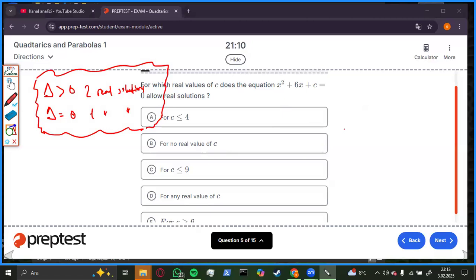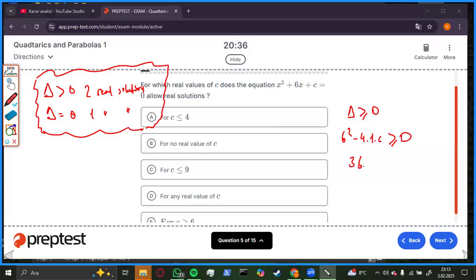By using this assumption, you can say that the discriminant is greater than or equal to 0. All you need is to find the discriminant here. So the discriminant is 6 squared minus 4 times 1 times c, which is greater than or equal to 0.